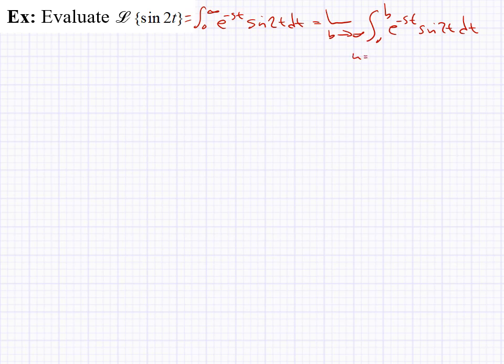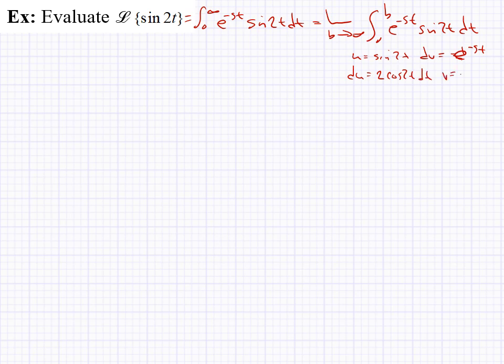So u will be sine of 2t. dv will be e to the negative st dt. du would be 2 cosine 2t dt.